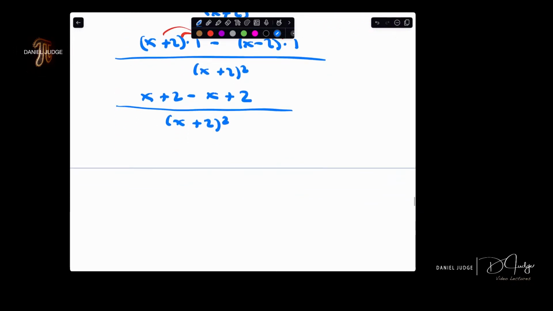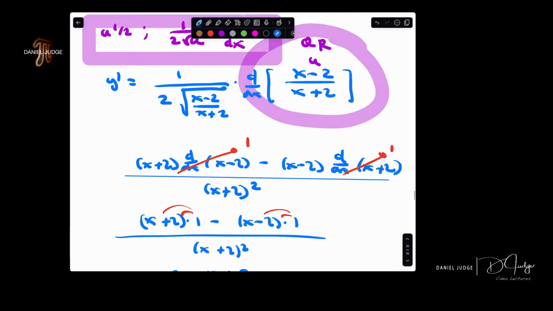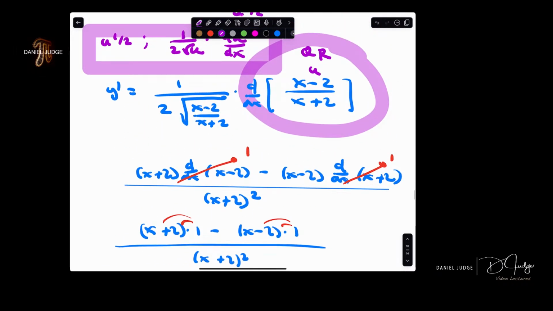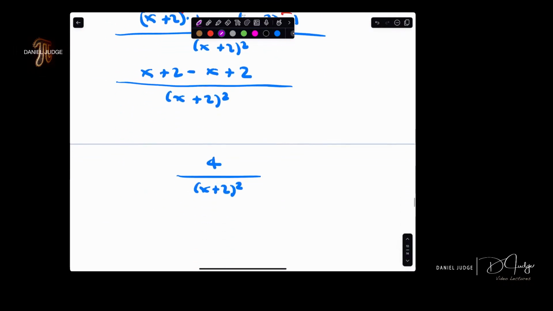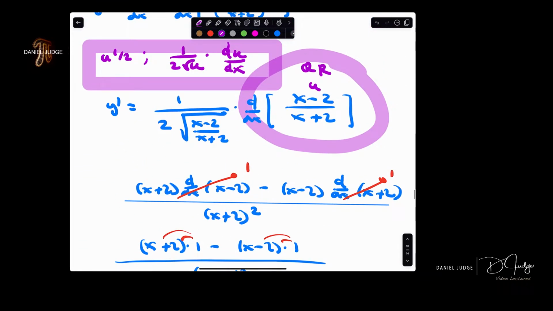So this will be 4 over, the x's cancel, 4 over your x plus 2 squared. Now that derivative here was just the chain. You say that's 4 over x plus 2 squared. So this is what I'm saying. This is 4 over x plus 2 squared.